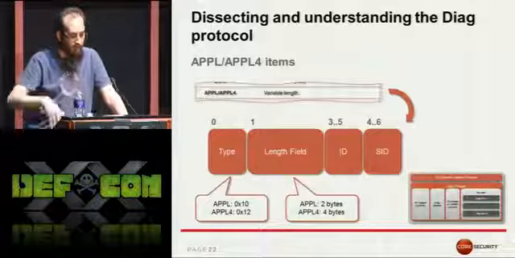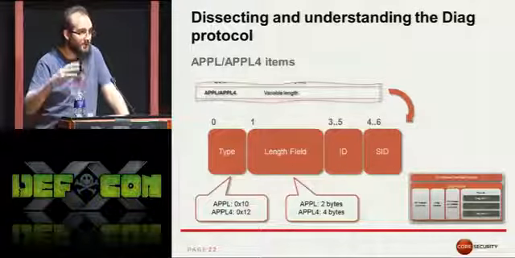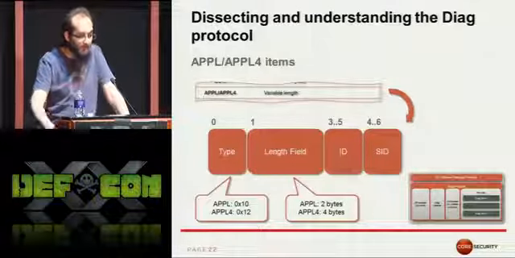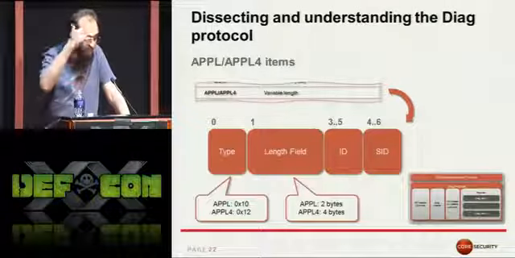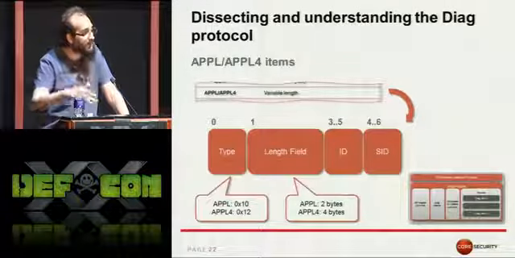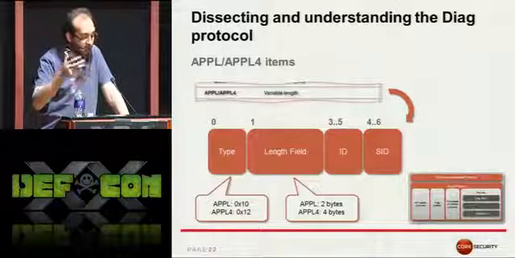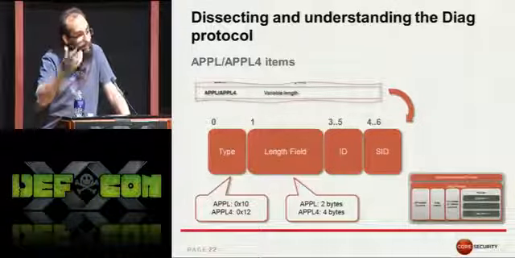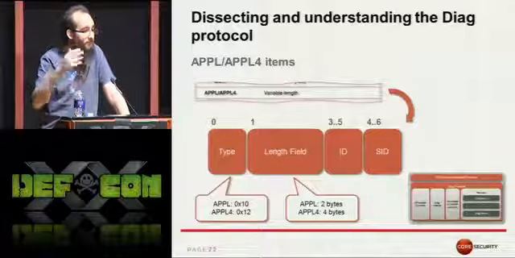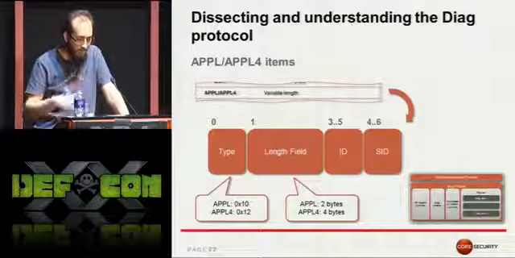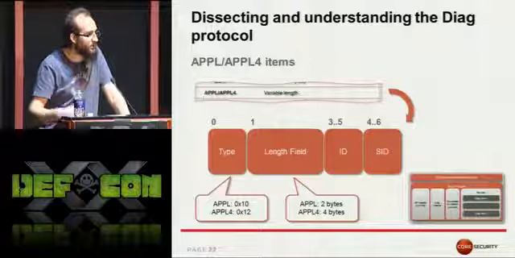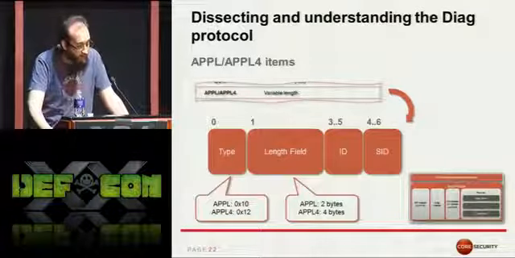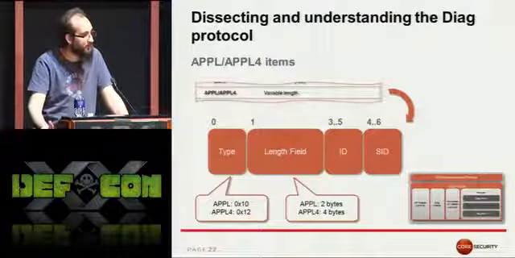So if you look at a Diag packet, you can find several different items and several different APPL items, each one with their own meaning and their own format. So the combination is really big, and the complexity of each packet is also interesting.